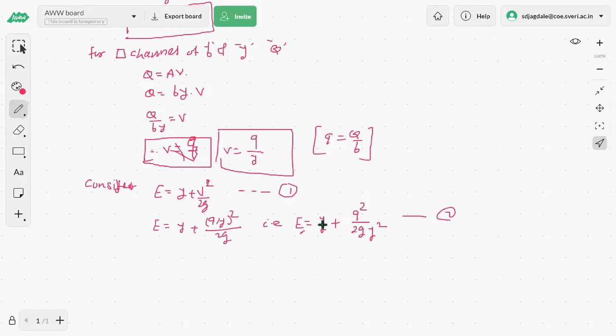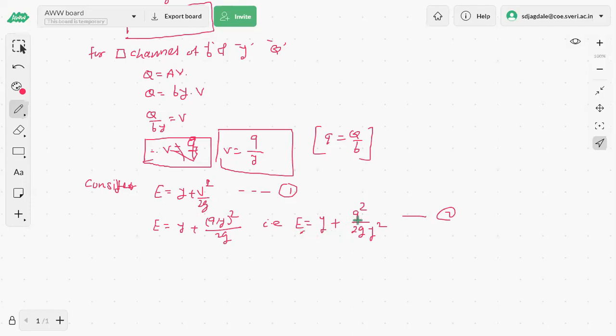And those two flow depths are called alternate depths. For the same discharge q and the same specific energy E, those two flow depths are called alternate flow depths.